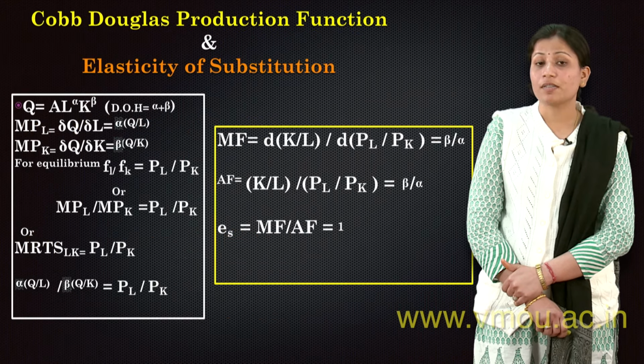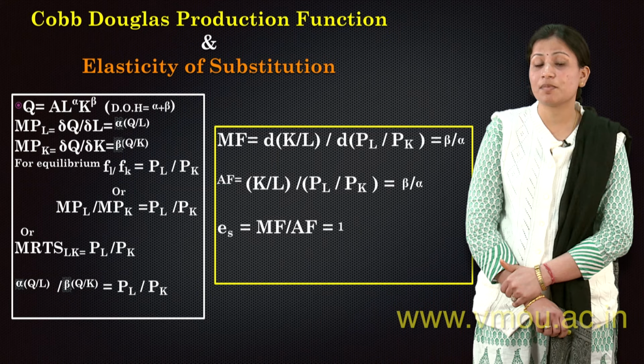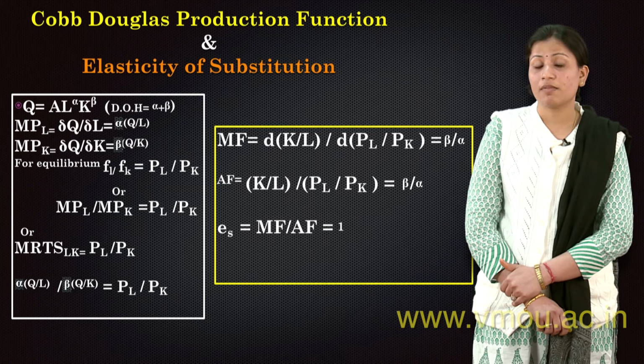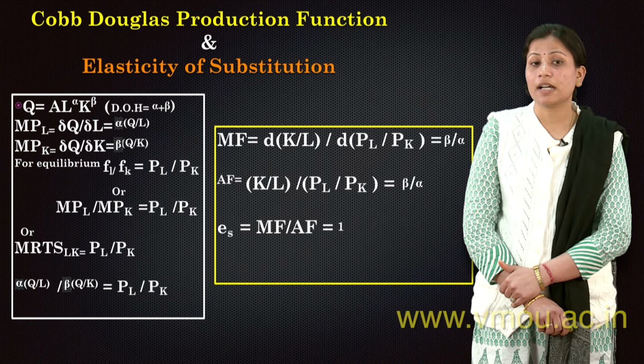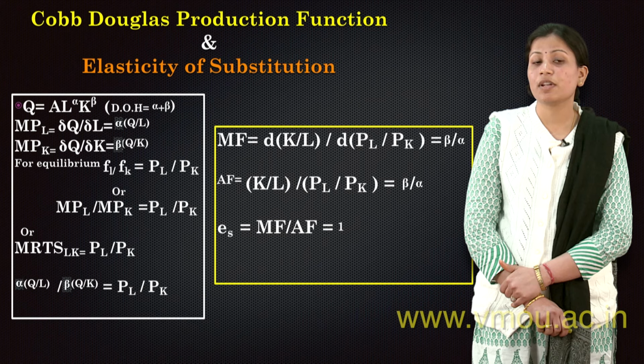as more labor is used with a constant amount of capital. Now, the next feature of the Cobb-Douglas production function is its elasticity of substitution. What happens with the elasticity of substitution? Again we have the mathematical notation of the Cobb-Douglas function q equals A L raised to alpha K raised to beta.